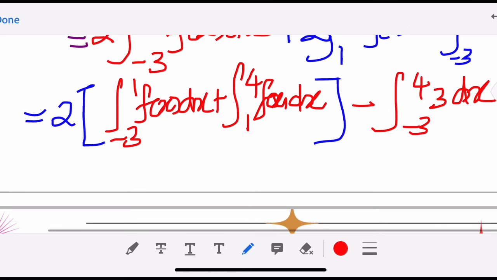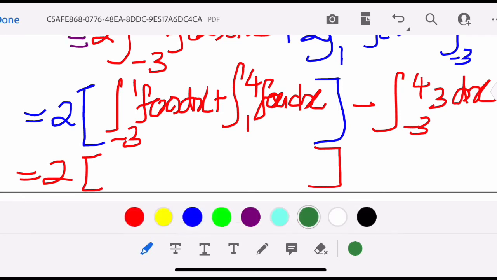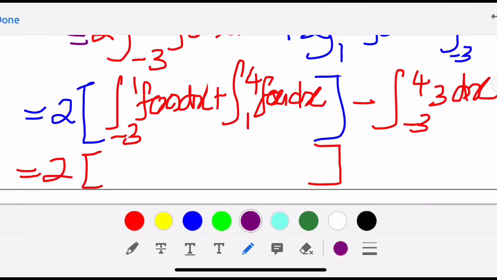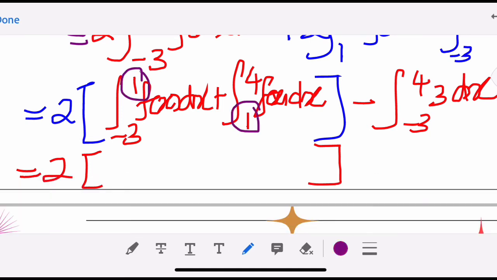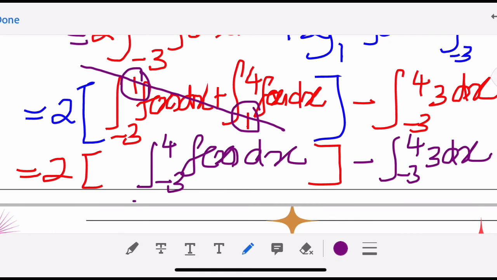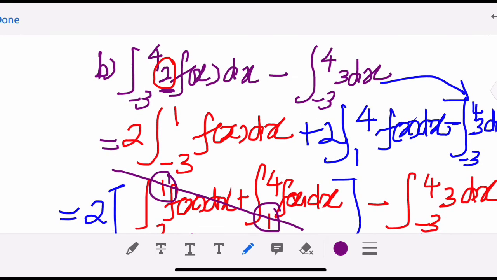Right, so after you simplify, you will apply one of the important rules whereby the upper limit is here, and upper and lower you can join them, so it becomes negative 3 to 4 fx dx, right? Okay, then you will have to integrate this one later on. So how to get this value, right?